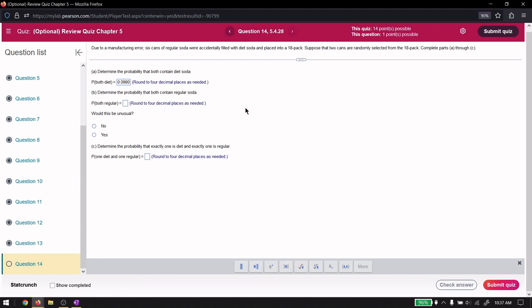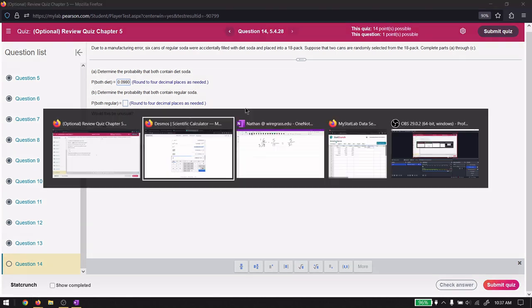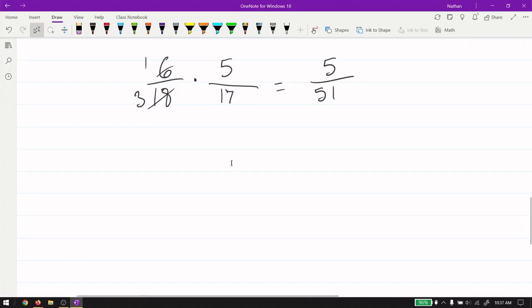Determine the probability that both cans contain regular soda. So here we're talking not about diet cans, but regular. There's 12 out of 18 for the first pick, and the second pick is going to be 11 out of 17. Once again, we've already taken one can out, so there's only 17 possibilities, and the can we took out was a regular soda, so 12 becomes 11. That reduces down to 2/3 times 11 over 17.